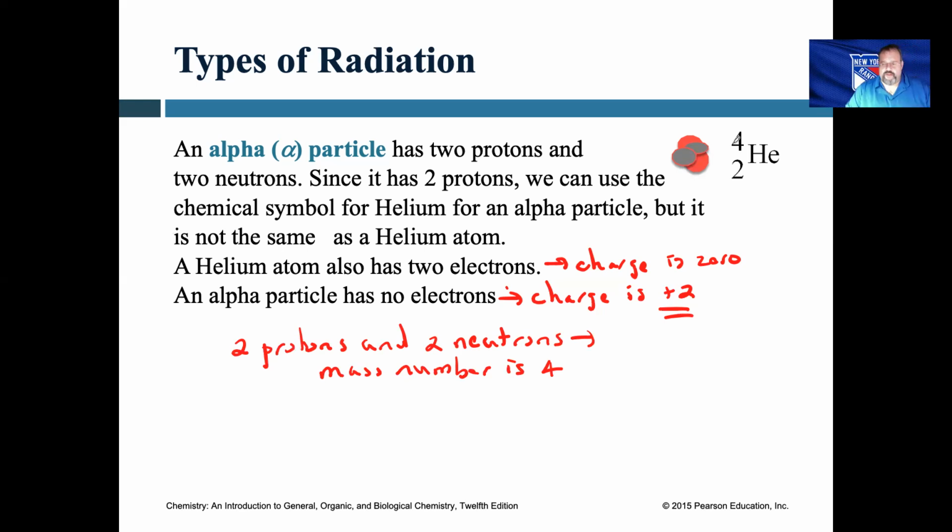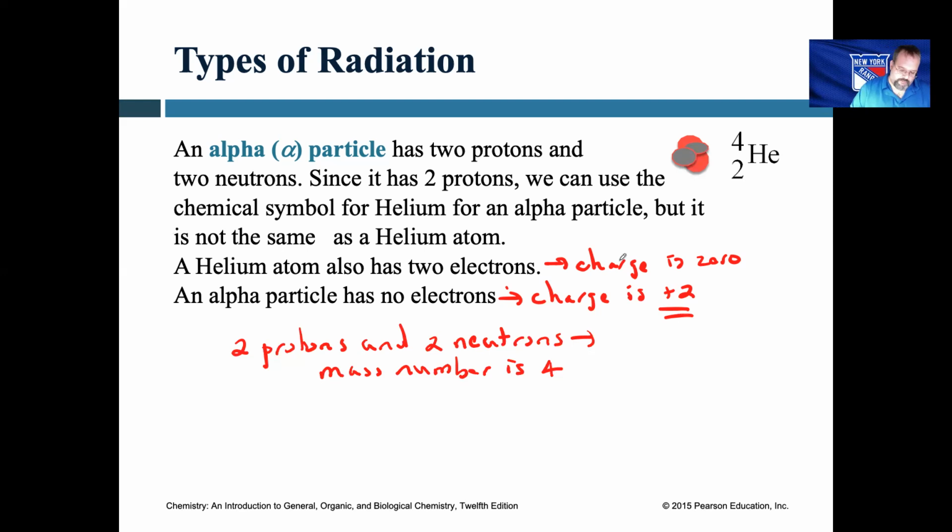I also want to mention where that came from. But again, it wouldn't be the same as a helium atom, because if we used the periodic table to write the atomic symbol for a helium atom, we would write 4,2He. But in that case, the charge would be 0. For an alpha particle, the charge is +2. 2 protons, 2 neutrons, no electrons associated with it.